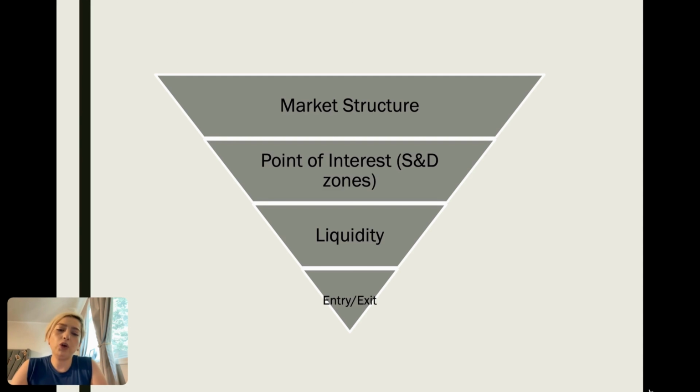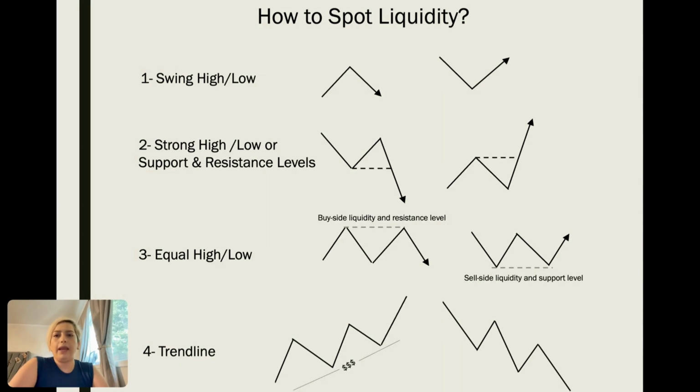Then we look for liquidity, where resting pools of orders are sitting and where smart money and large institutions may step in. Liquidity should act as an extra confirmation to refine your entry, not as a standalone reason to take a trade.